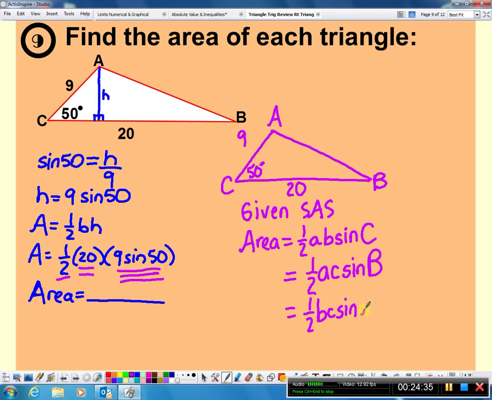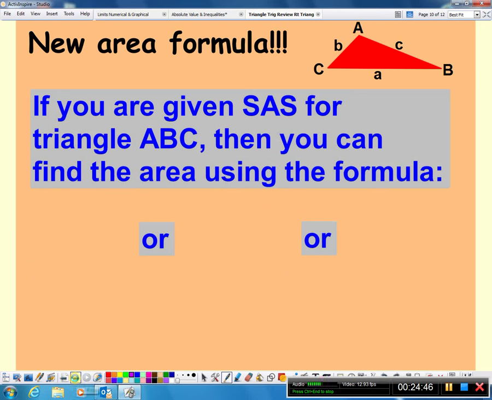So if you've got side angle side, it's faster than dropping the height, finding the length of the altitude, and using the area equals 1/2 base times height formula. I just did this on the previous page: 1/2 ab sine C, or 1/2 bc sine A, or 1/2 ac sine B. Those would be the only 3 opportunities to use the side angle side formula for area.